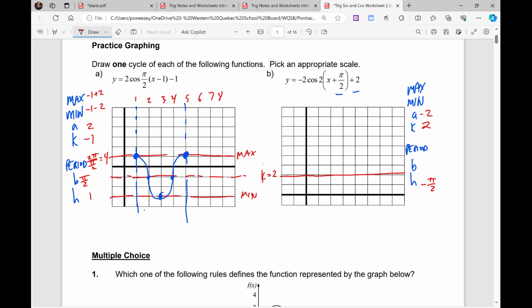So on this guy here, the maximum is still going to be 2 plus 2. It's equal to 4, right? It doesn't matter that it said negative. It's just where is k? How many units is 2? It's 2. And then minimum is going to be 2 minus 2, giving me 0. So that's going to be my floor.